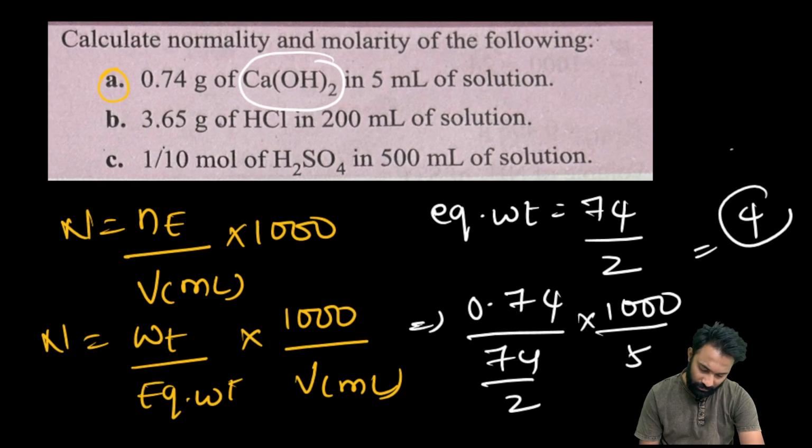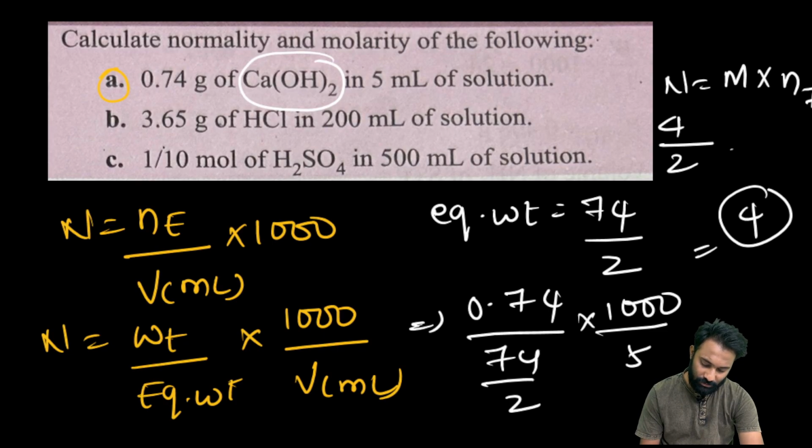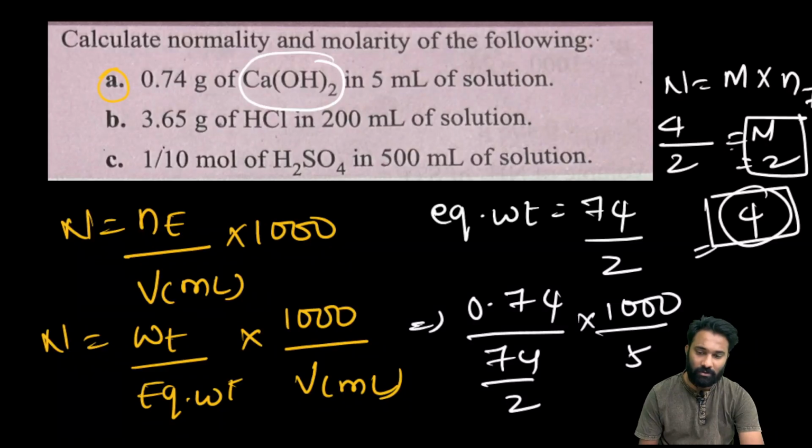Now for this one we have to find the molarity. How to find the molarity? Yesterday we derived one formula: normality is equal to molarity into n factor. If you bring the n factor to the left-hand side, normality is 4 and the n factor for calcium hydroxide is 2. So the molarity will be 2 and the normality will be 4.